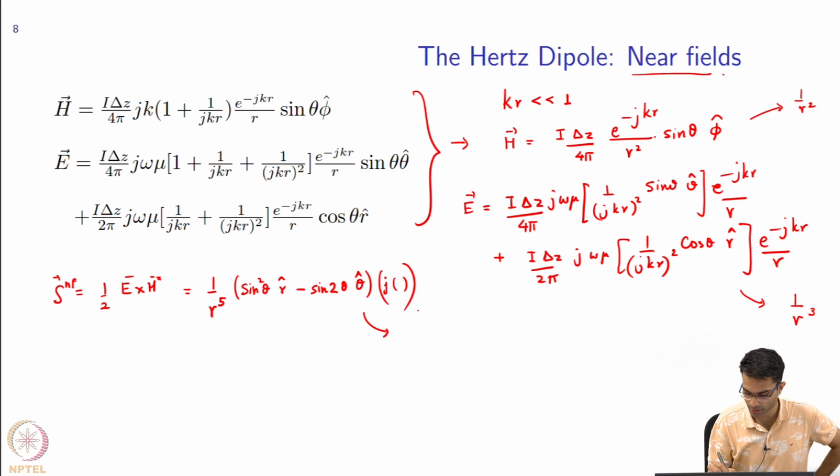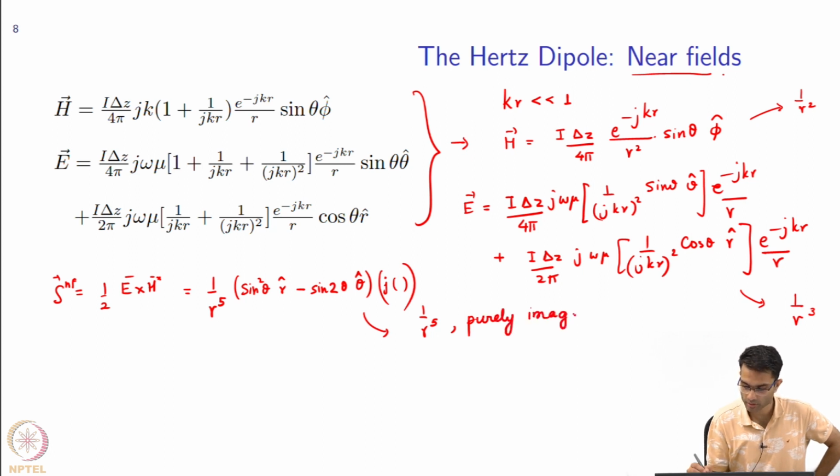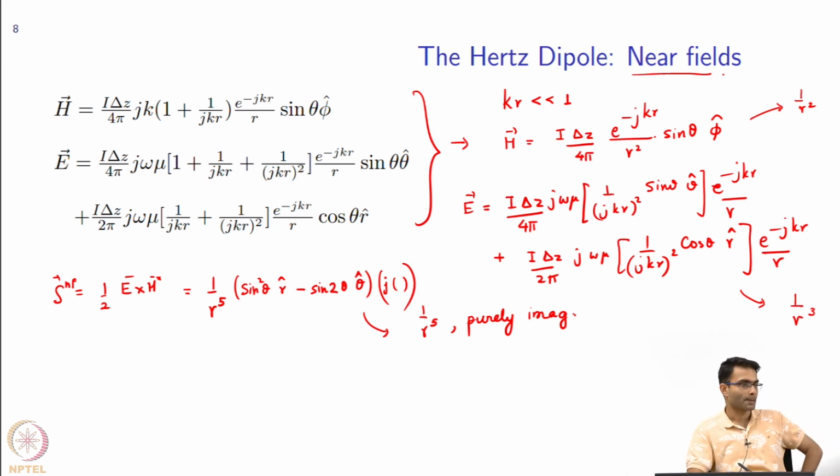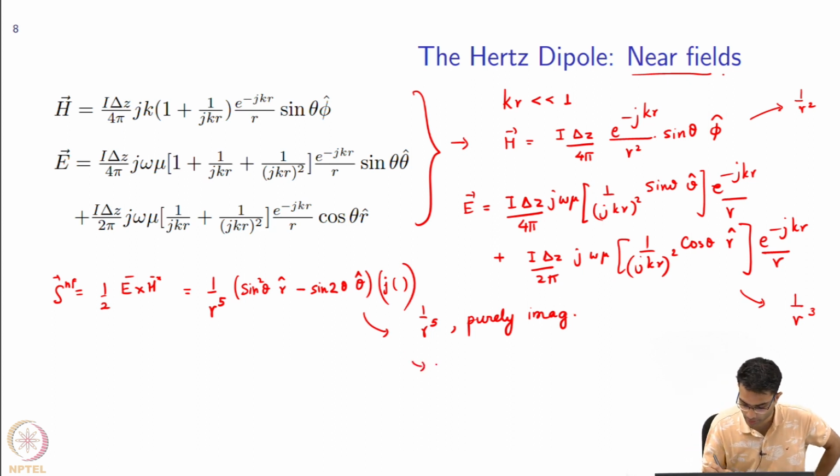So, the key features are 1 by r 5, then it is purely imaginary, right. So, this is different from your previous case. So, these are called your reactive fields.